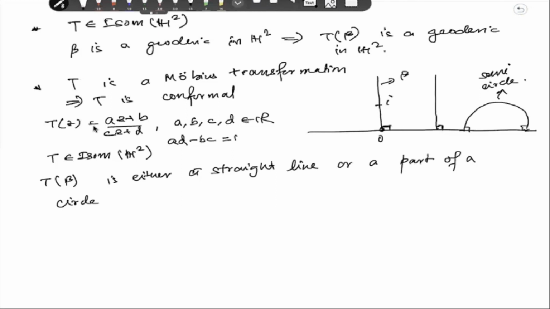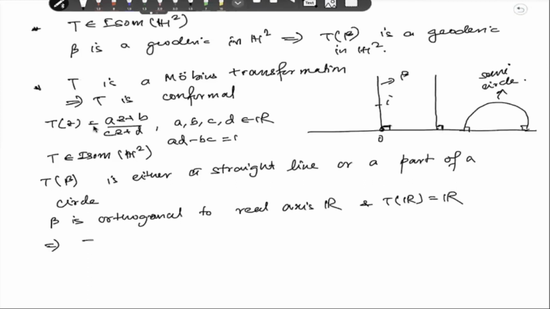So beta is orthogonal to the real axis. And also note that T of R is equal to R. So this will imply that T of beta is orthogonal to R. T of beta also lies in the upper half plane, because T preserves the upper half plane.